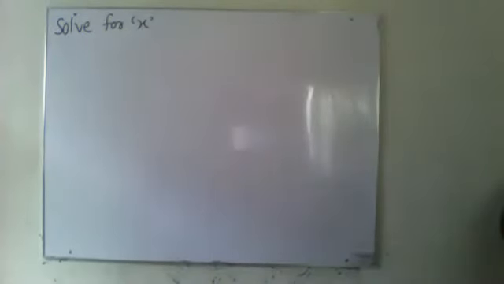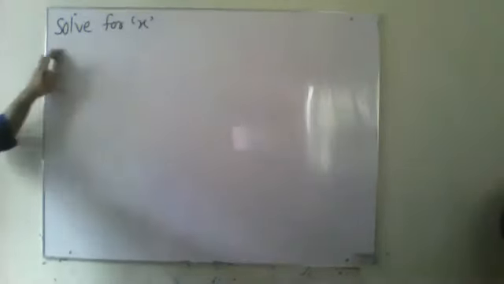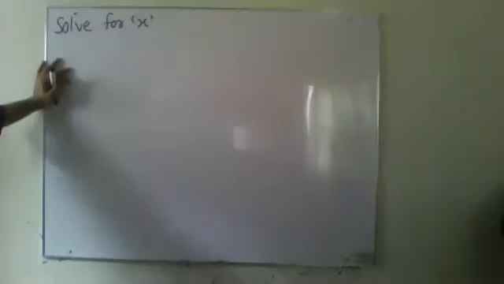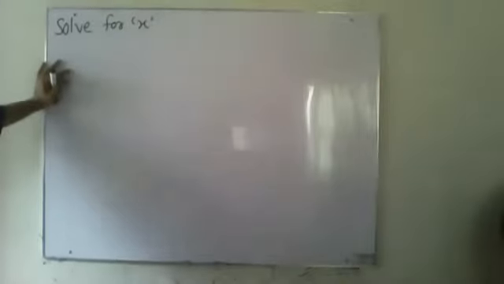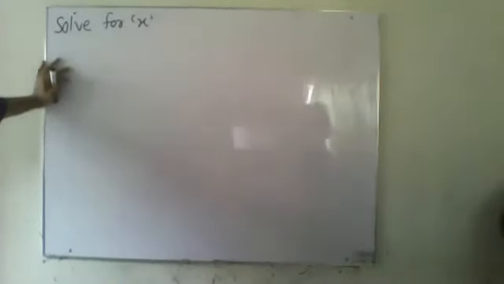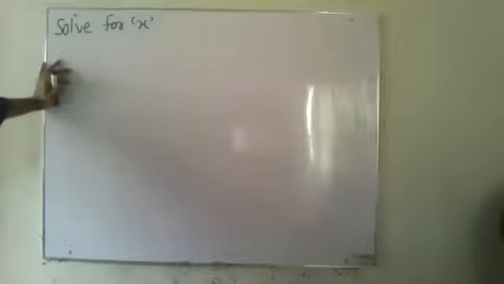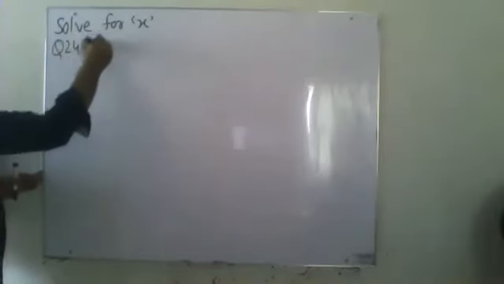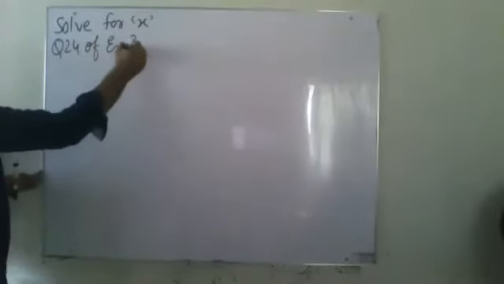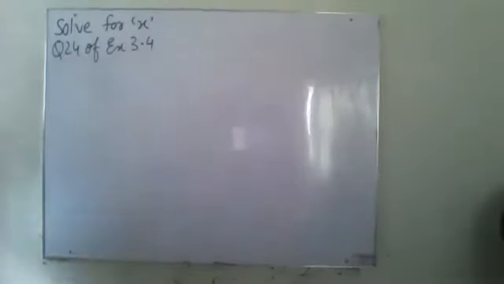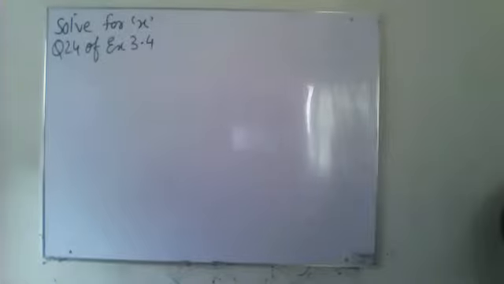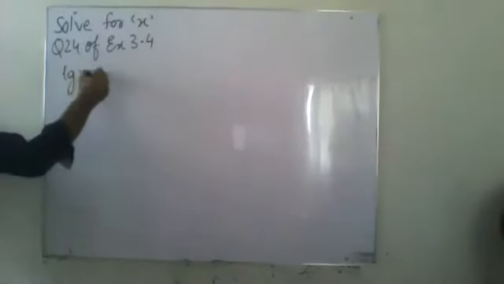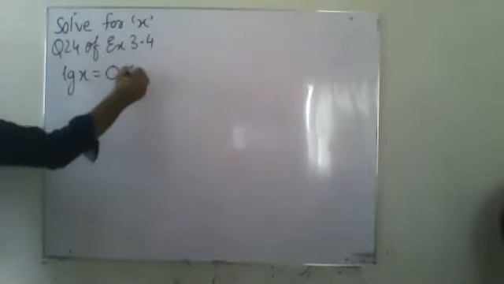According to this, we are first going to see what the question is telling us, and according to our question we will apply the appropriate method. The question I am going to do over here is question number 24 of exercise 3.4, and the question says lg x equals 0.61.